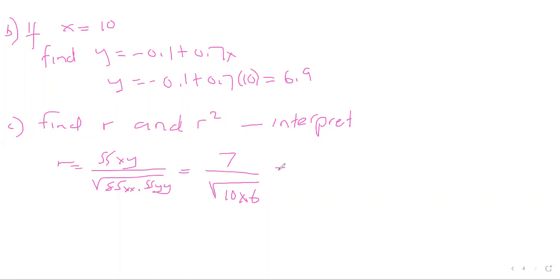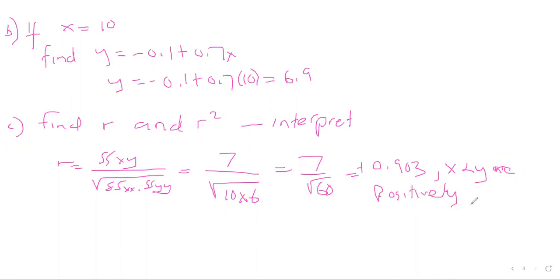So this is the same as 7 over root 60, which gives 0.903. Because it is positive, your comment is x and y are positively related, which means the gradient is also positive.